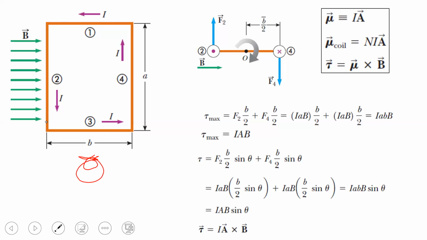Now, if you want to start turning it this way, this is length B, and this is length A. And now, if you look at it, you should only see the length B. So now we want to start turning it about this axis.